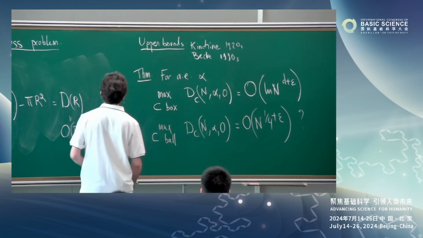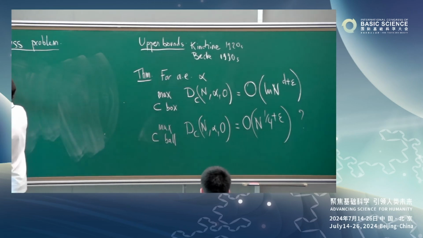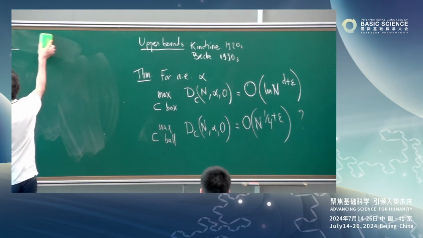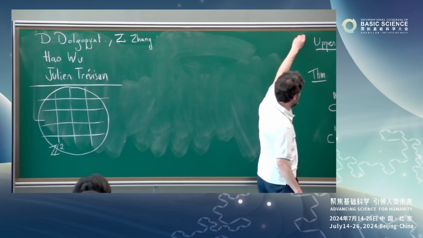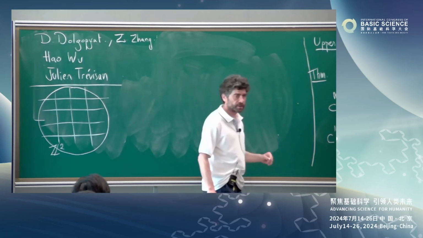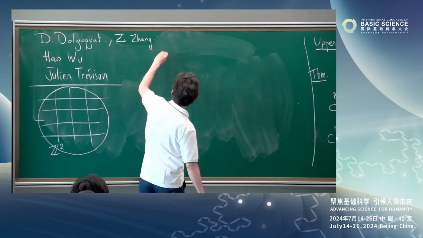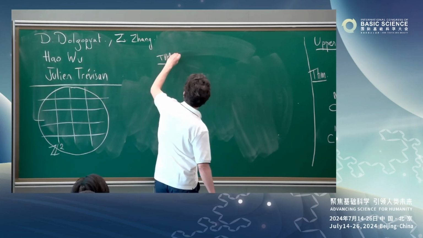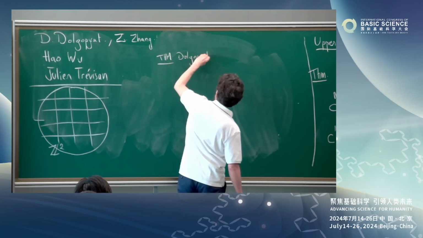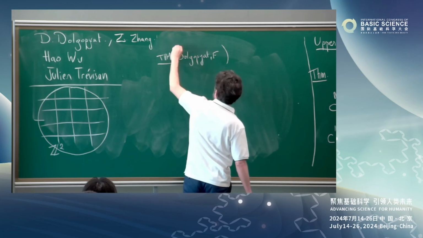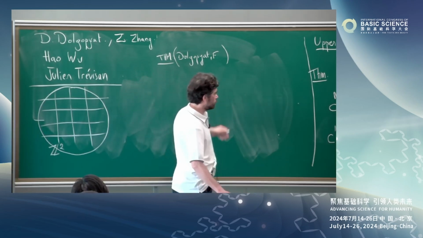So the theorem we proved with Dolgopyat, maybe about 8 years ago or something like this. I'm going to say some stuff that may not be very accurate, but essentially that's what we do.